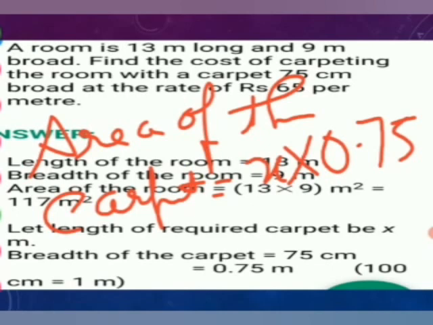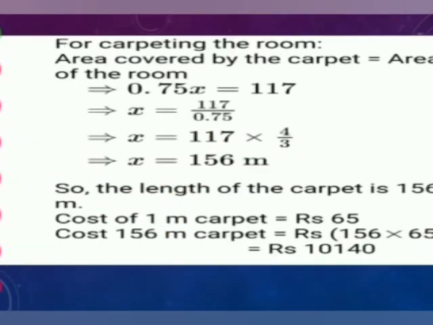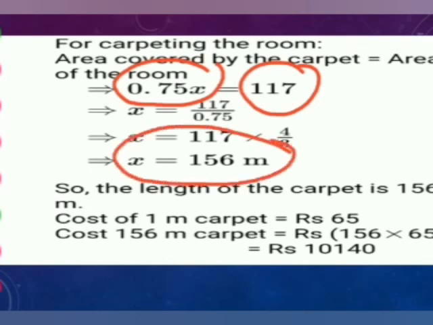So now let's calculate the length of the carpet. The area of the carpet is 0.75x and the area of the room is given as 117. So the length will be 117 divided by 0.75. When you solve, you will get the length equal to 156 meters. So this way we have calculated the length now.